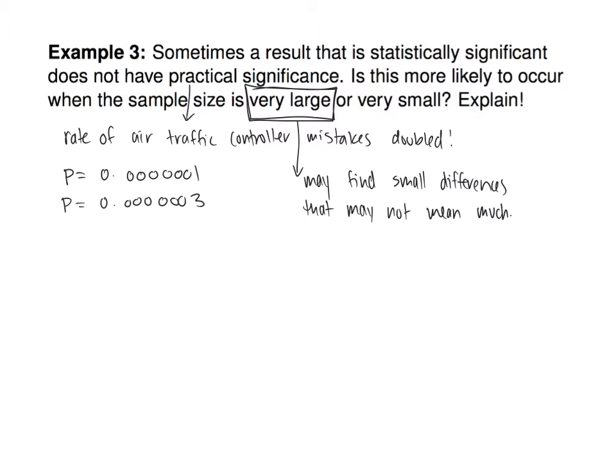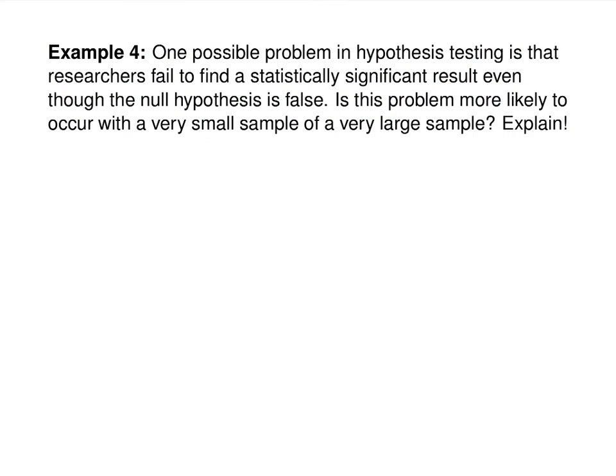Okay. How about this next one? One possible problem is that researchers fail to find a statistically significant result even though the null hypothesis is false. So even though H naught is false, you fail to reject it.